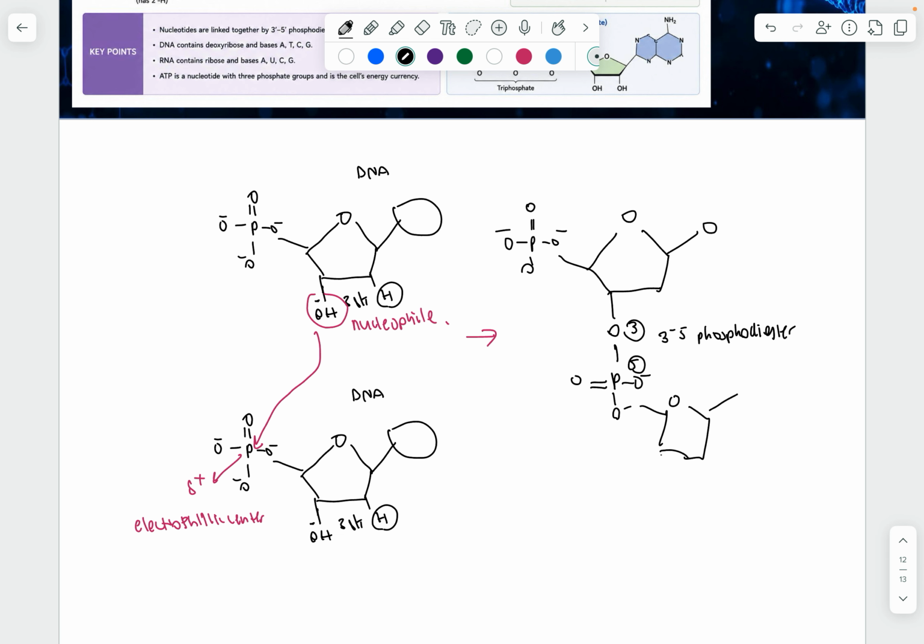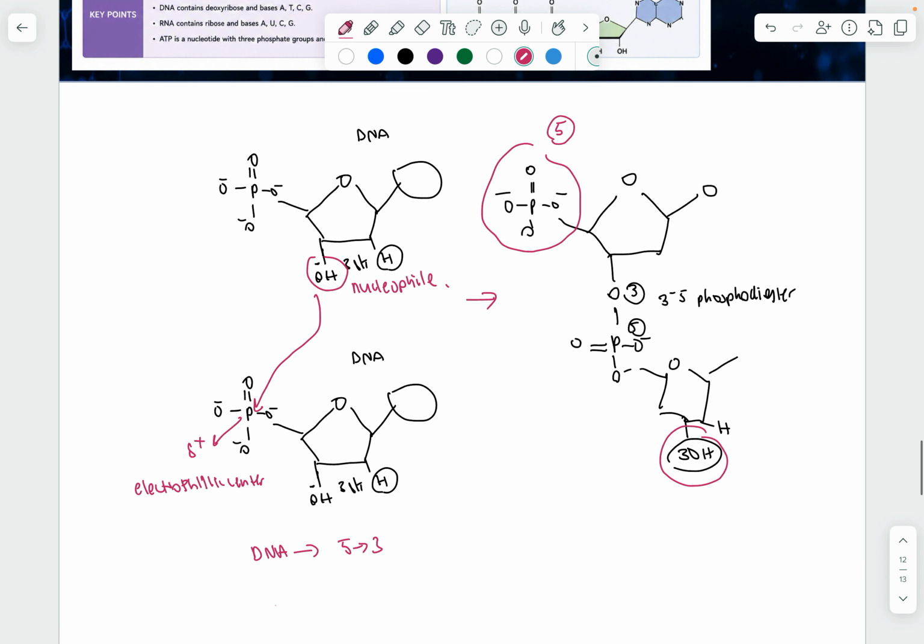Notice, however, that your DNA molecule starts with a 5 phosphate, and then at the end you have your 3OH down here. So that's why you say that your DNA molecule starts from the 5 to 3.